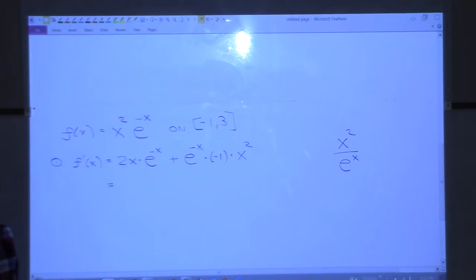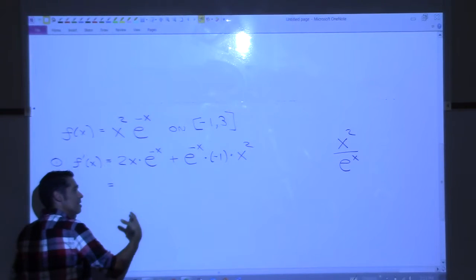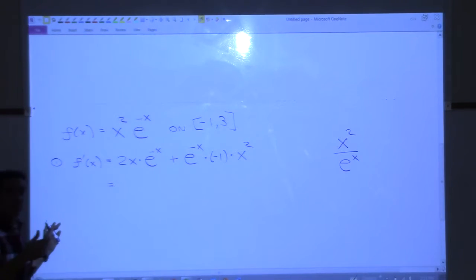And also I should note that where we're headed is not only taking the derivative, setting it equal to 0 and figuring out where it doesn't exist, we're going to be doing the exact same thing with the second derivative also. So we have to be able to do the first derivative and run this test, and then do the second derivative and run this test again.